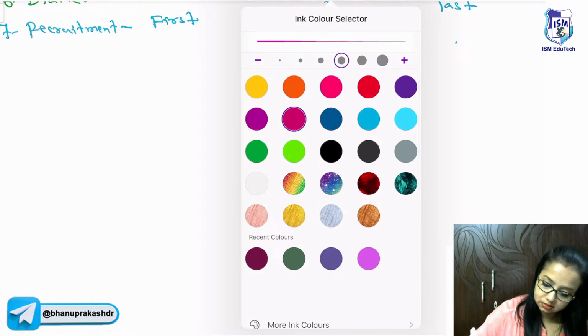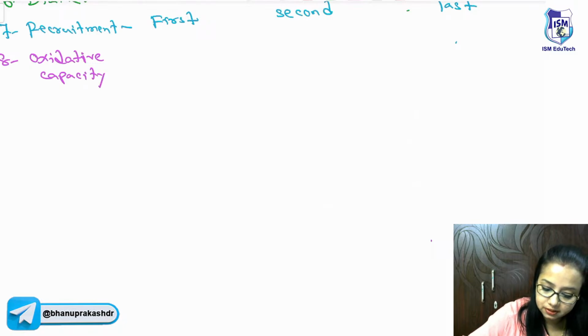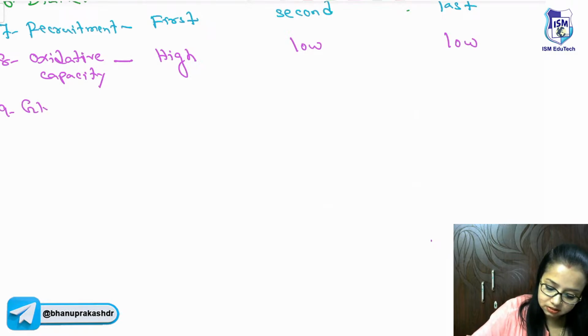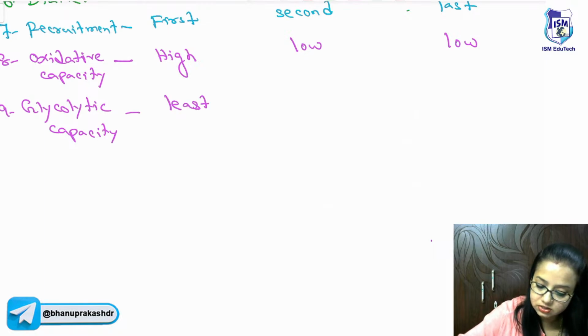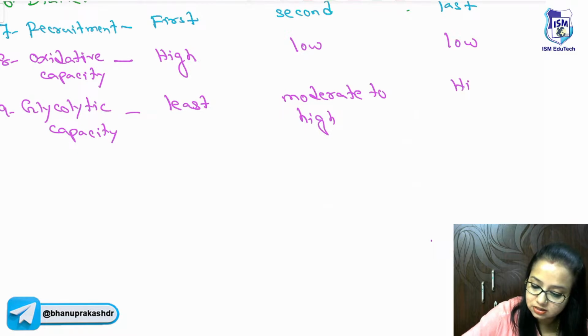The oxidative capacity is high here, whereas it is low and low here. The glycolytic capacity is least here, moderate to high here, and high here.